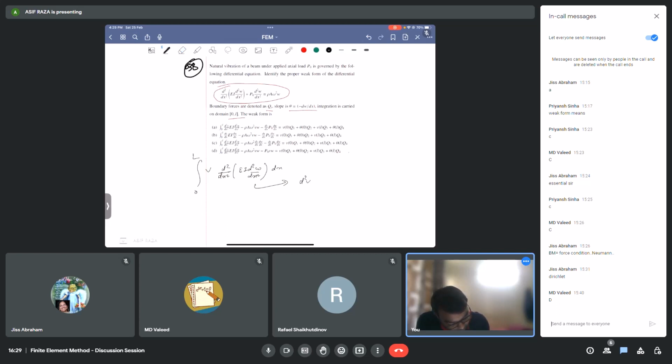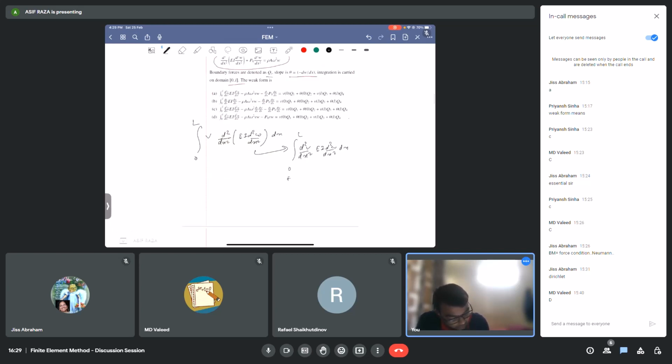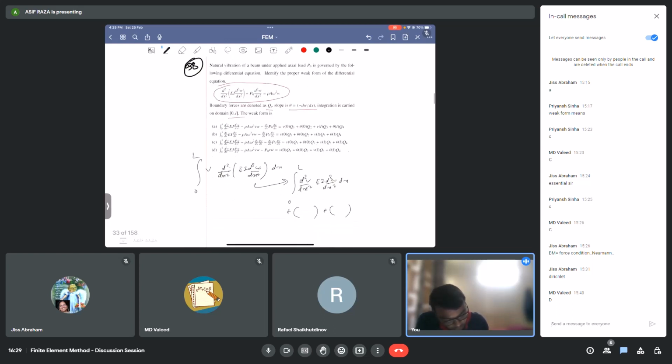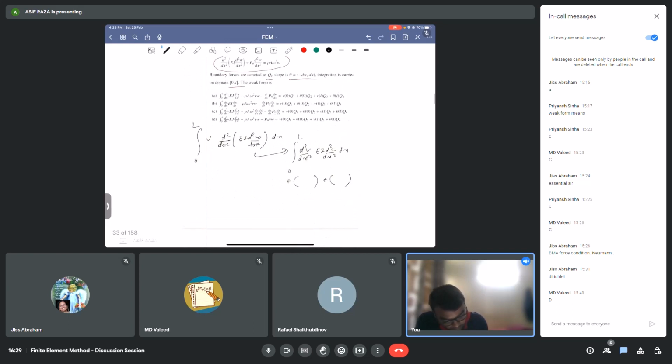So it gets like this: EI d2w by dx square, 0 to L dx, right? And we'll have 2 boundary terms, pertaining to the second one, P naught d square w dx square, 0 to L.